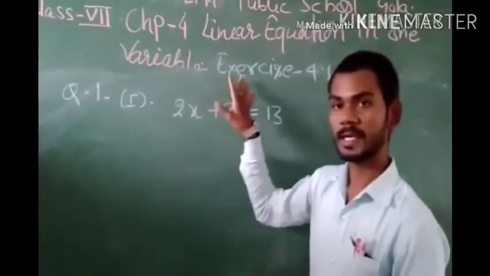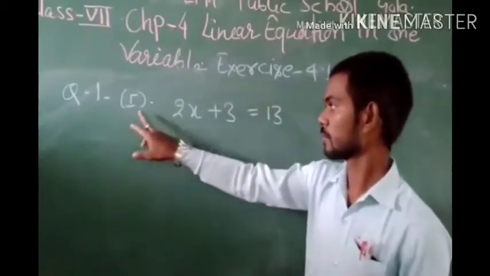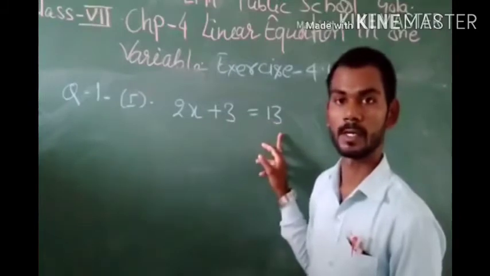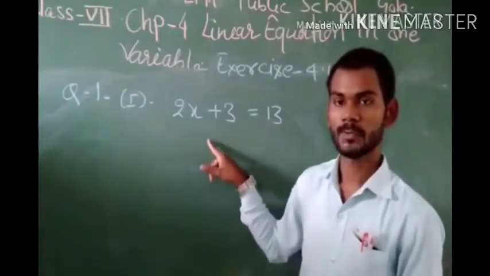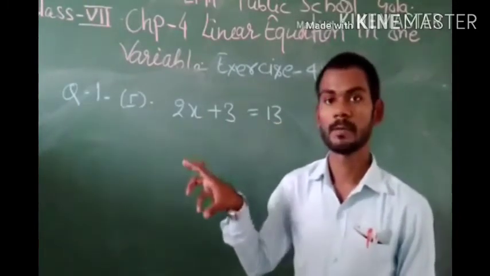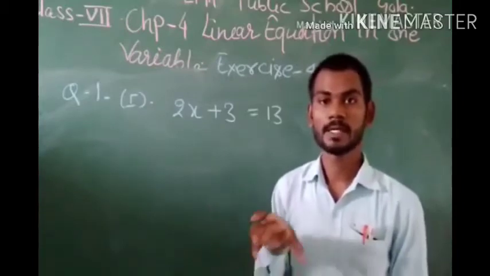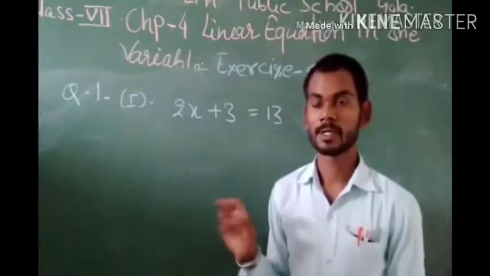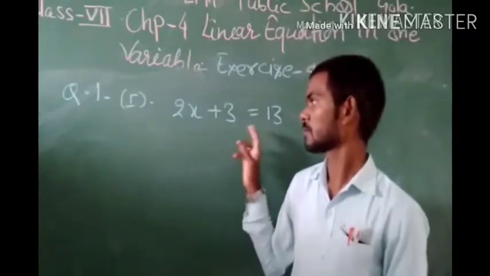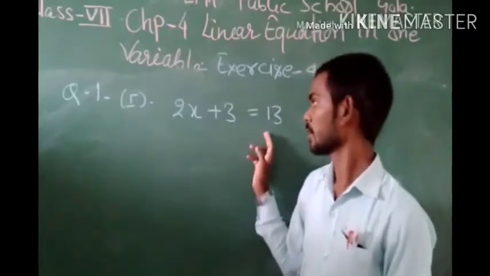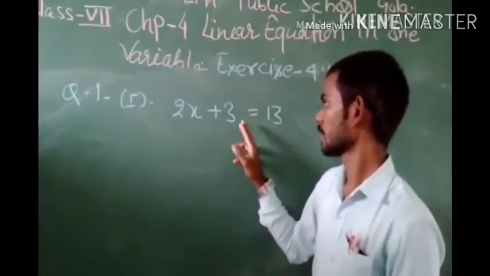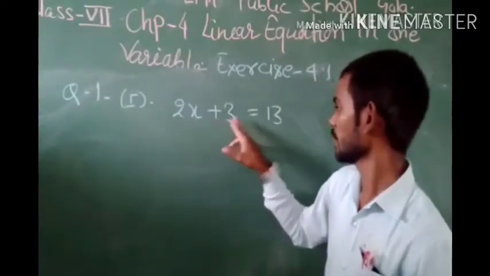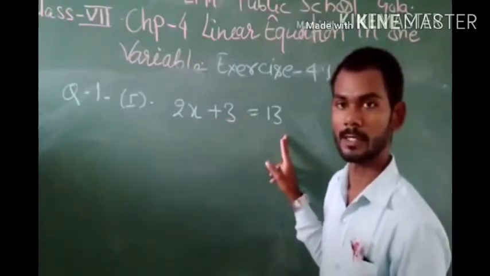Exercise 4.1, question number 1: 2x plus 3 is equal to 13. We will solve this question by the method of simultaneous operation on both sides of an equation. In order to solve this question, here we can see that the equation is 2x plus 3 is equal to 13.